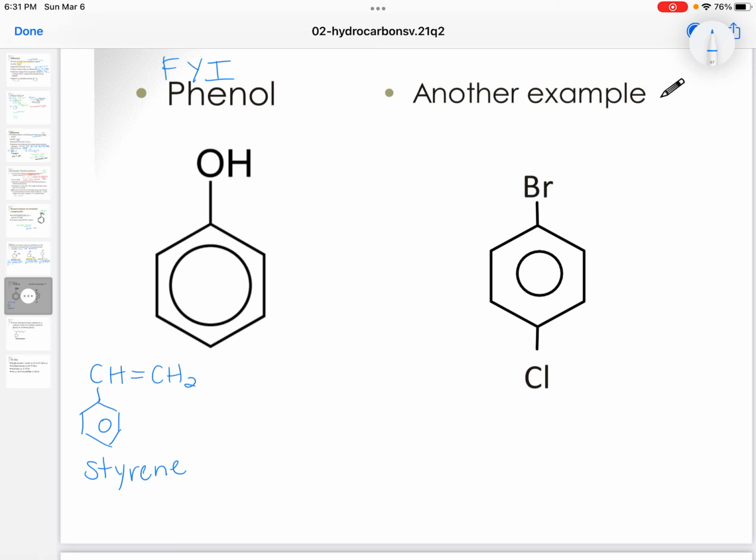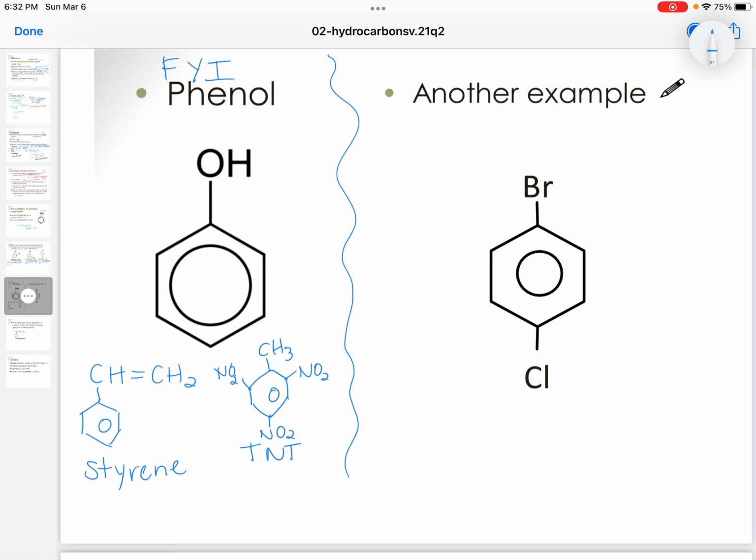Styrene. So if you had many, many of these molecules together, you would get polystyrene, which is styrofoam. Another common one is TNT, trinitrotoluene. And actually the original example, the first one I had that said just the CH3, that's called toluene. So these are just FYI, okay?